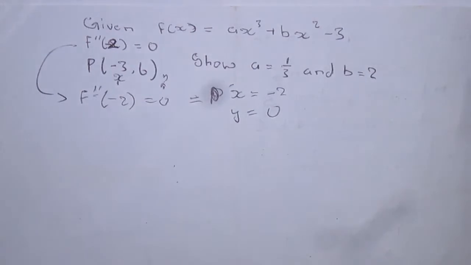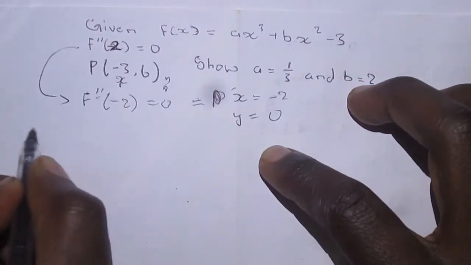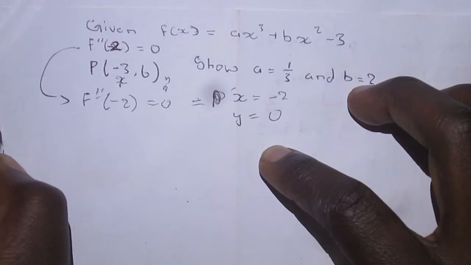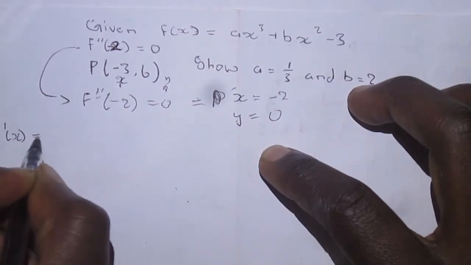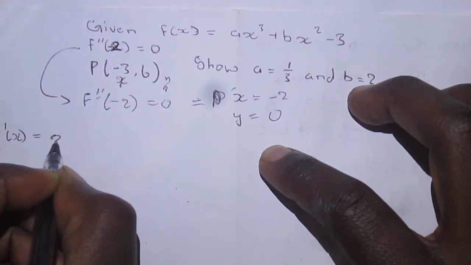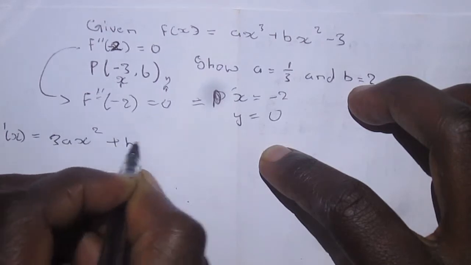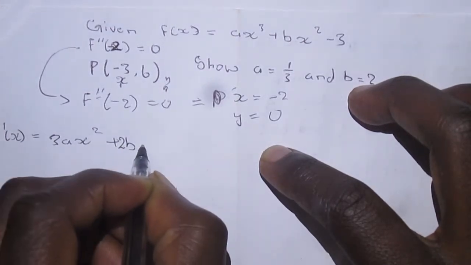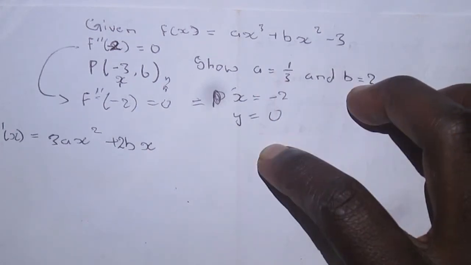Now what are we going to do first? First of all, let's differentiate, because we're given the second derivative, right? The first derivative of f of x is equal to 3ax squared plus 2bx. We cannot say minus 3 because once you differentiate it's 0.